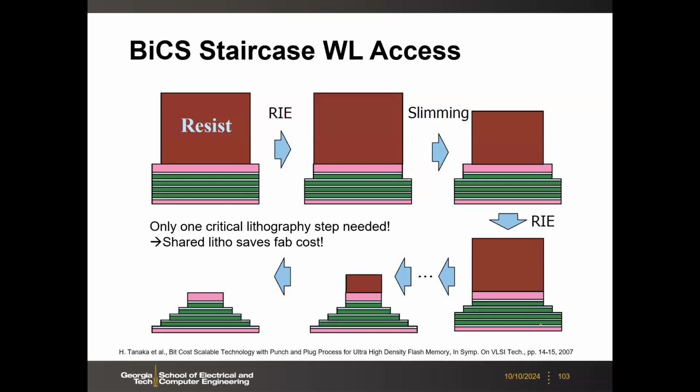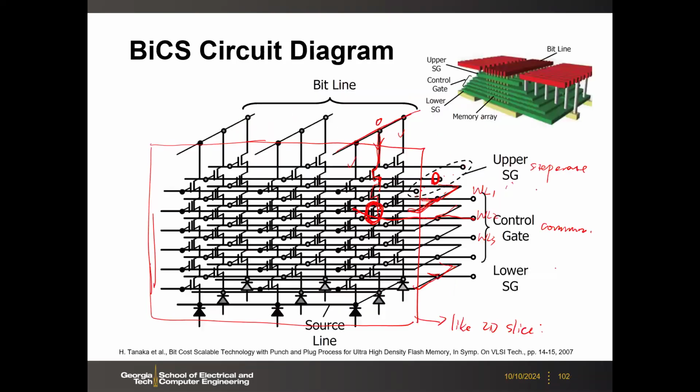discussions. So as I said, this BiCS, the key idea is you deposit many layers here, right? You deposit many layers, and then you use one lithography step to etch the hole in between.